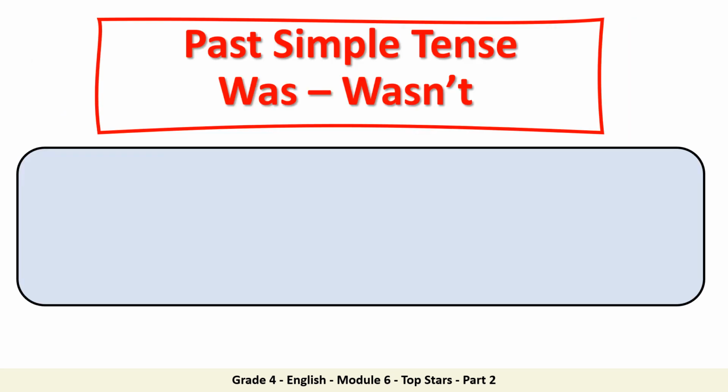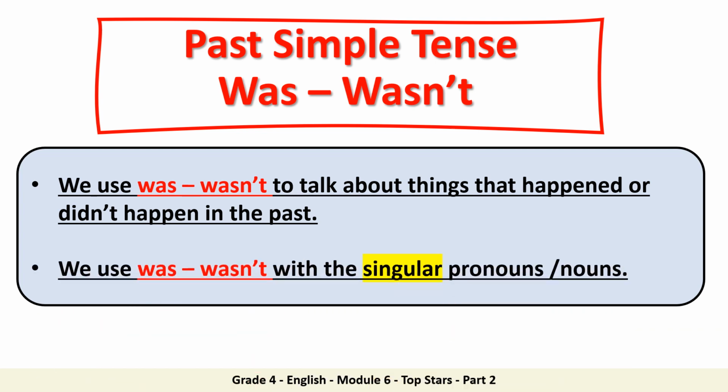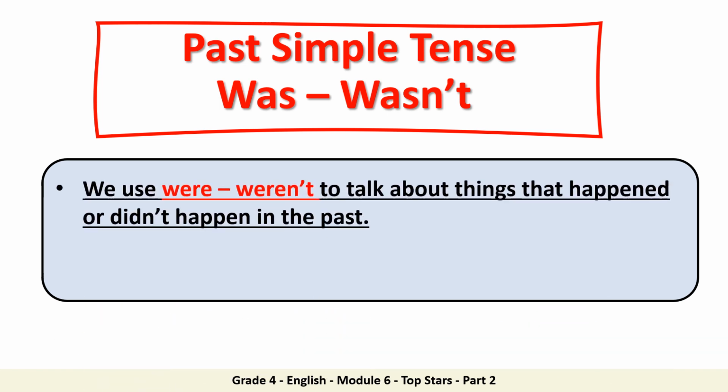Welcome back. Let's discuss what we have noticed. We use was or wasn't to talk about things that happened or didn't happen in the past. And we use was or wasn't with the singular pronouns and nouns. And we use were and weren't to talk about things that happened or didn't happen in the past.